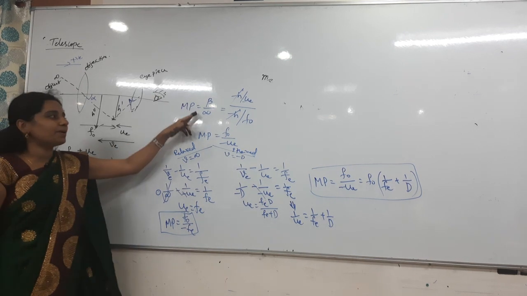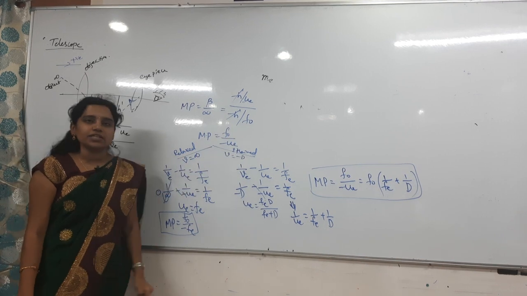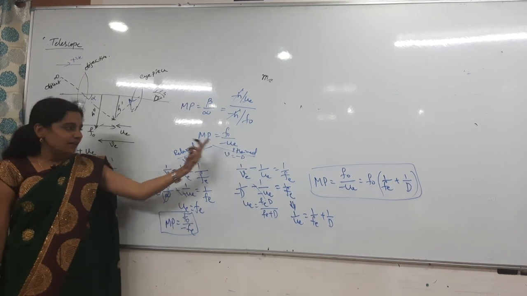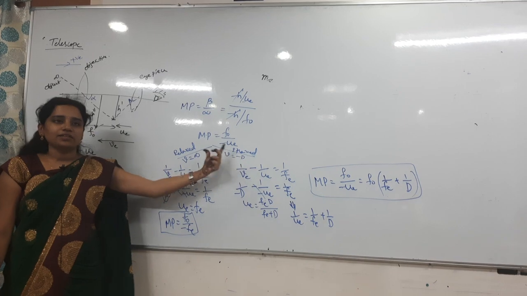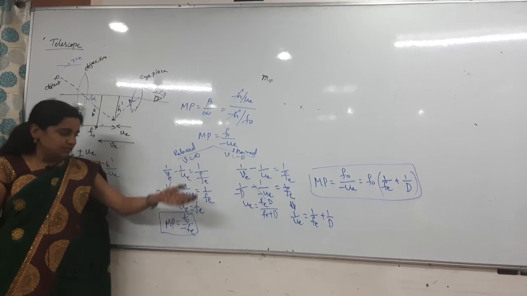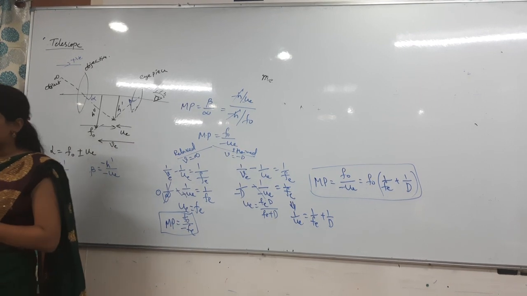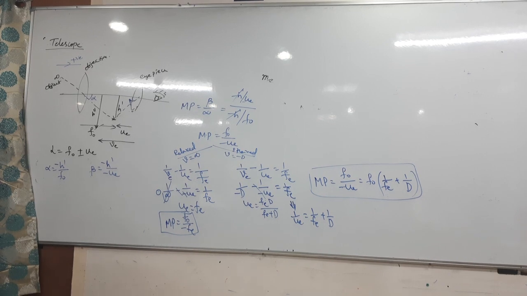Magnifying power is beta by alpha only. That magnifying power is F naught by minus UE. Again two cases will be there for the relaxed eye and then strained eye. You already know the story here. V is infinity and then V is minus D. Just based on the substitution we will get the magnifying powers here. Clear? For the microscopes and then telescope.